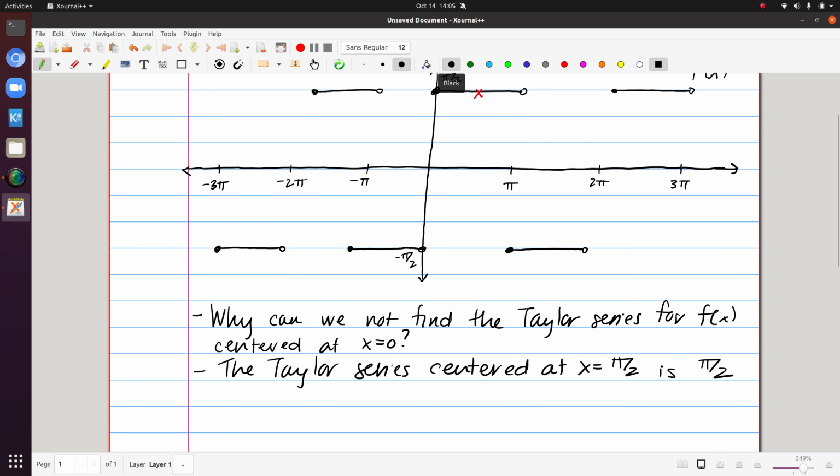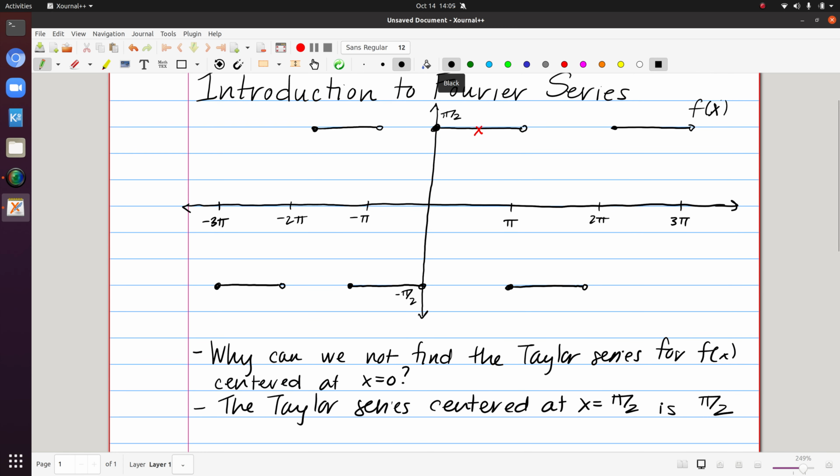And the derivatives are defined there. It's just that the first derivative and any higher order derivatives are all 0. So the Taylor series would just yield a constant. So that would be a great approximation of the function on that interval from 0 to pi. But as soon as I move away from that, then all of a sudden it's not a good approximation. It's very far off from the actual value of the function.